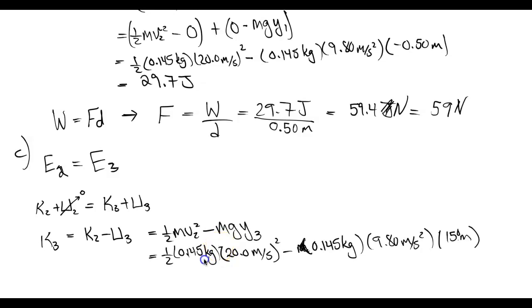So if we do this, we get that the kinetic energy at point 3 is 7.7 joules.